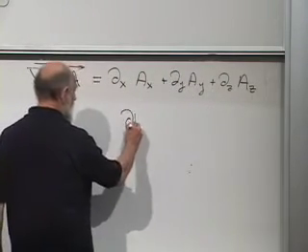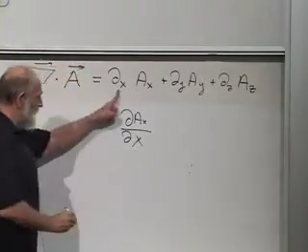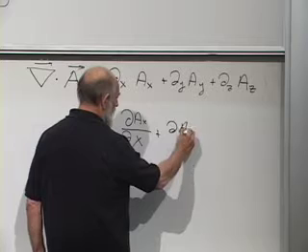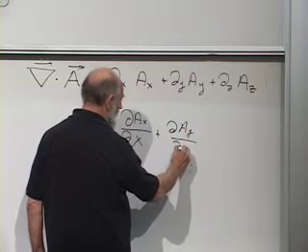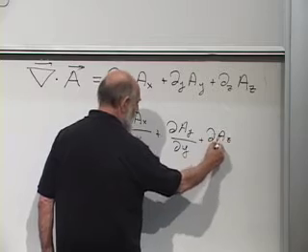It's the derivative of a sub x with respect to x. That's what this means. Plus the derivative of a sub y with respect to y. Plus the derivative of a sub z with respect to z.